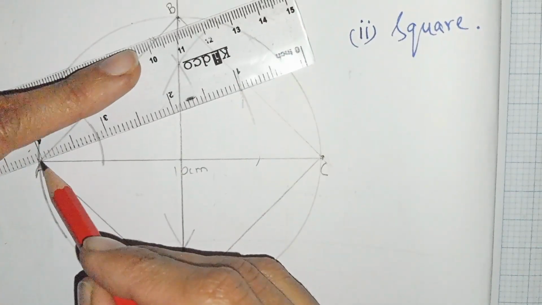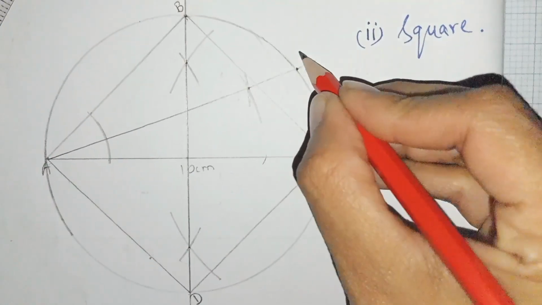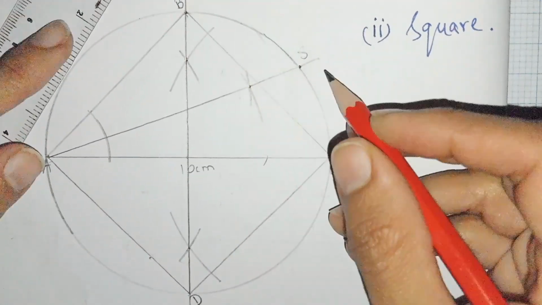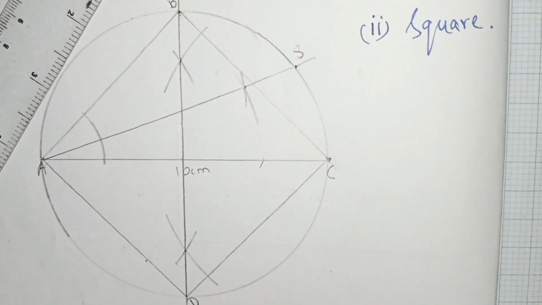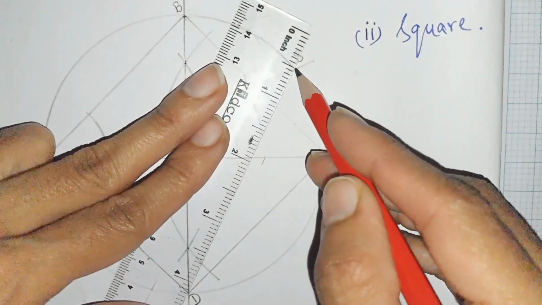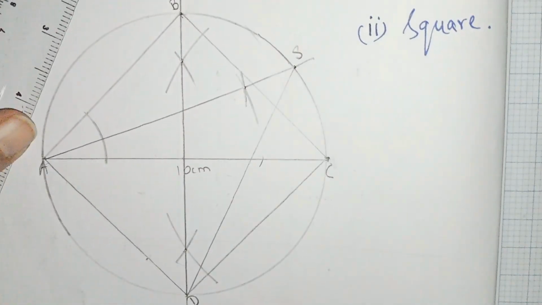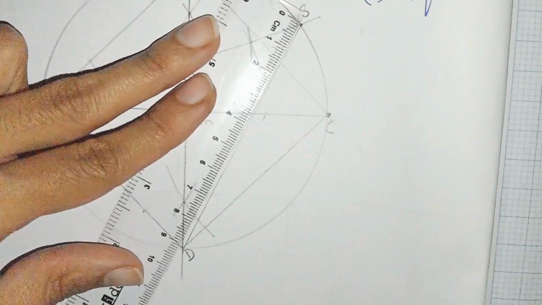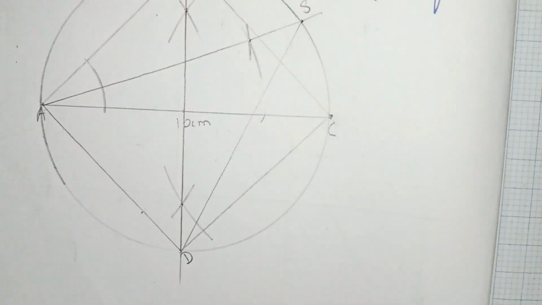Now students, this is the angle bisector and it cuts the circle at point S. Now we have to measure DS. To measure it, first we have to draw the line DS. Then we measure that line. This is DS and this is equal to 9.3 centimeters.